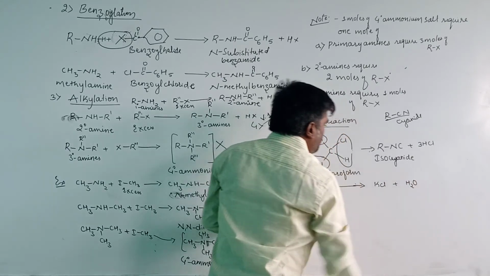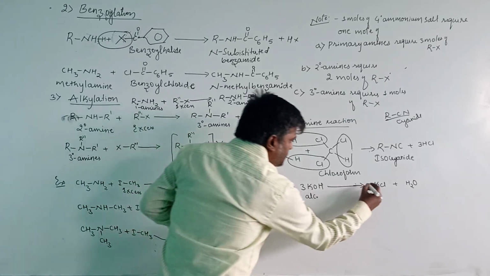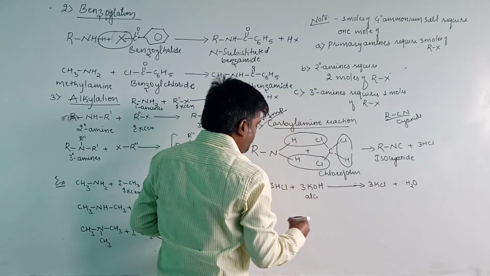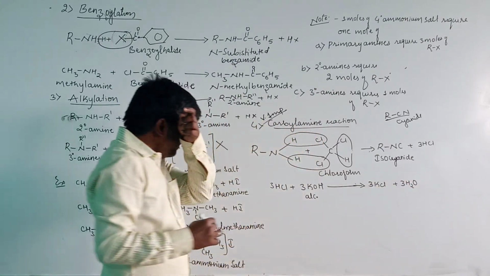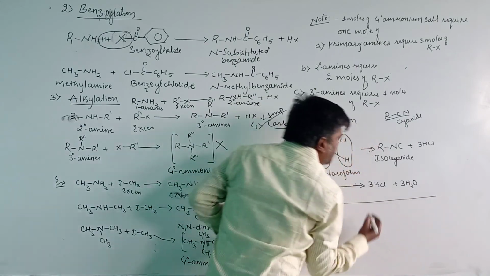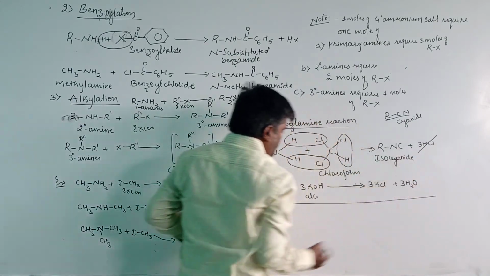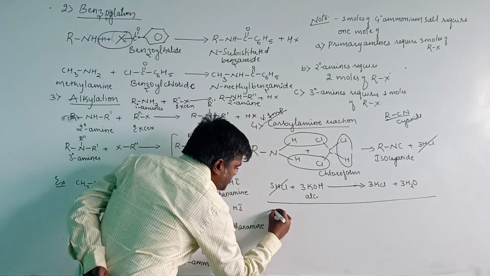When we balance the reaction, there are 3 potassium chloride and 3 water molecules. Then it is the complete balanced reaction.